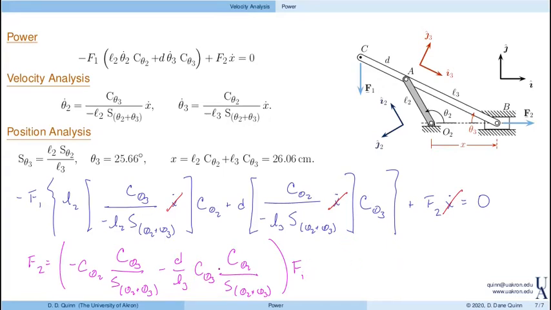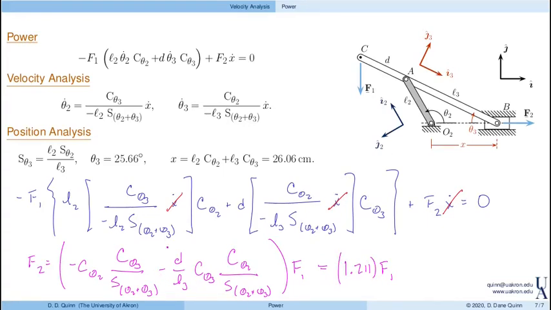Okay, so really at this point, all I need to do is take these position variables and put them into this expression. And when I do that, I find that this in parentheses is 1.211 and then times f1.